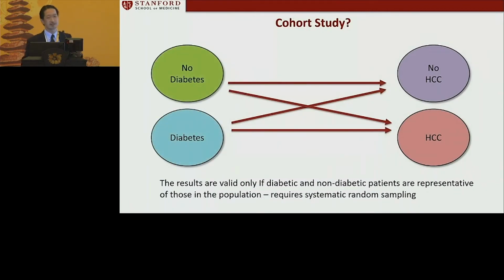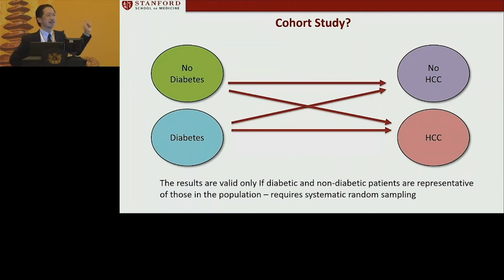How about this study design? What if you went out into your community and collected a bunch of people with diabetes and a bunch of people without diabetes, and then you follow them forward for liver cancer or not? That sounds like a reasonable thing.